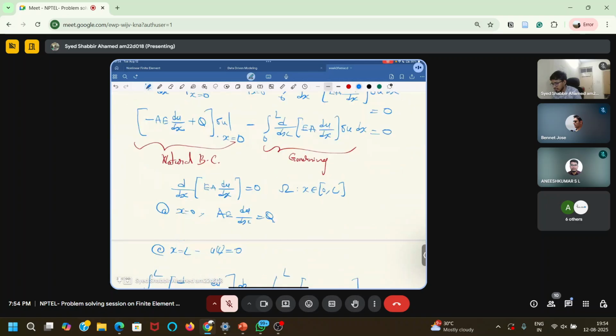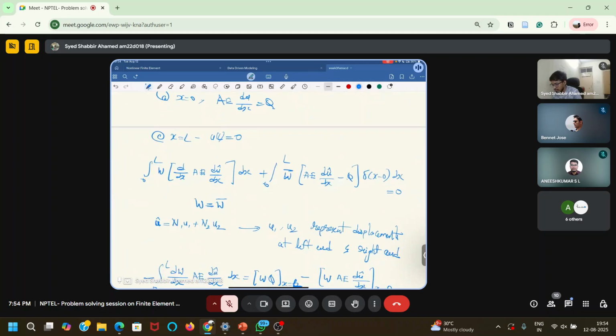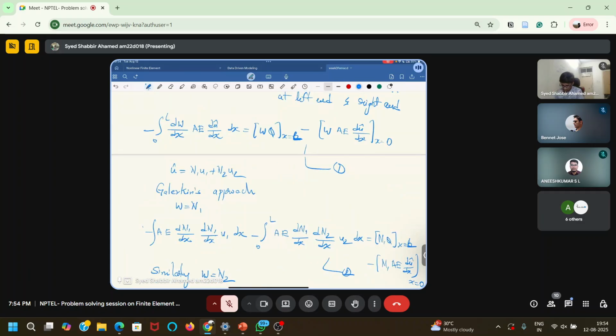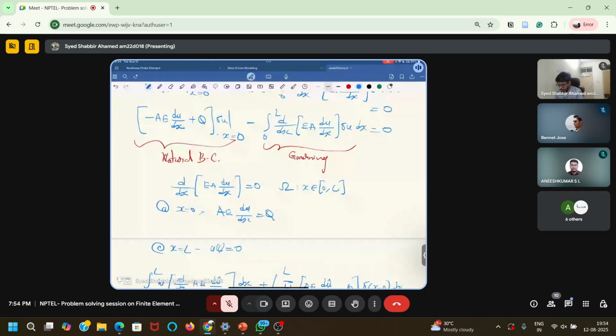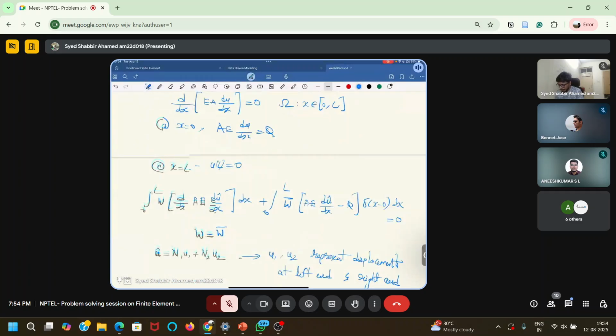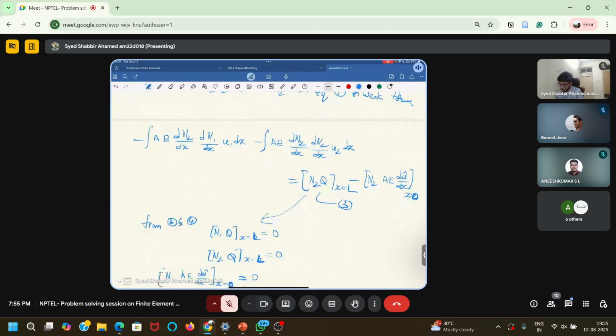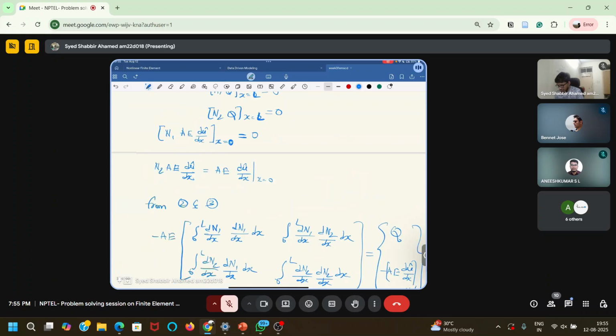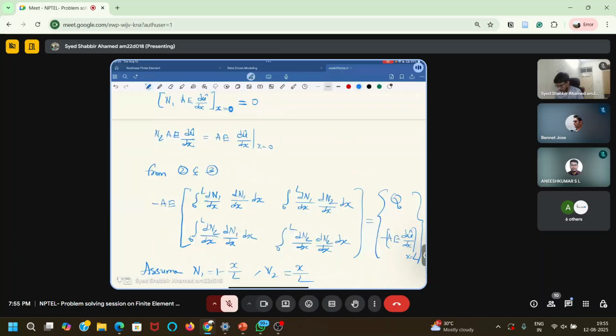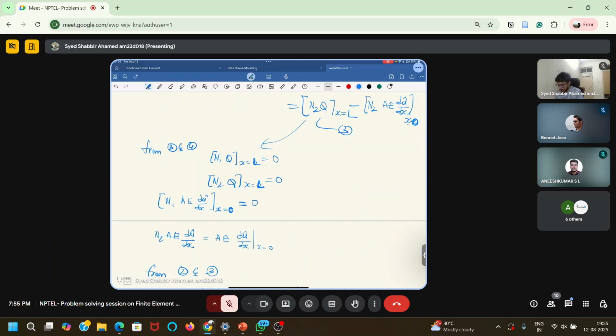Our problem using approximate approaches. This is Galerkin's approach. First we use the variational principles to get the strong form, and then we derive the weak form, and from that weak form we assume the solution. Some solution we assumed, and we substituted the approximate solution, and after substituting we get some equations.